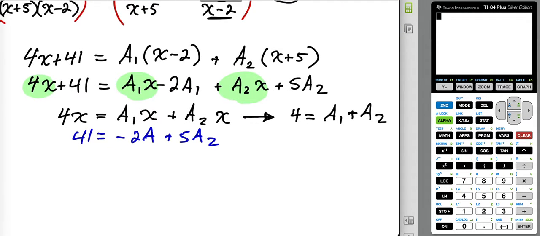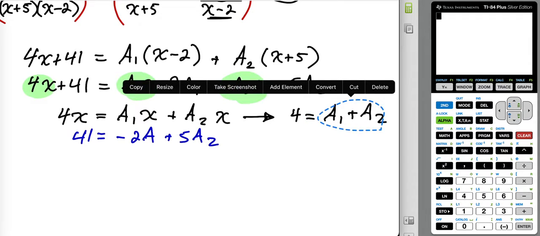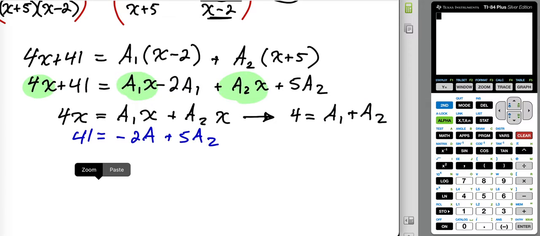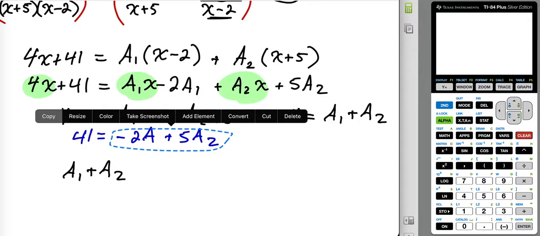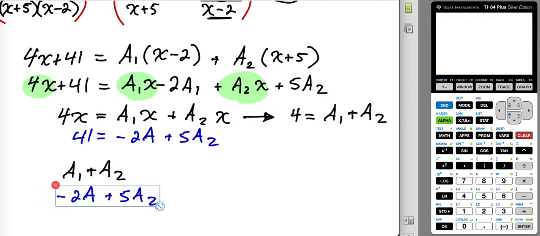And so now we have a system of equations. All right, so I can pair them up and use some elimination.